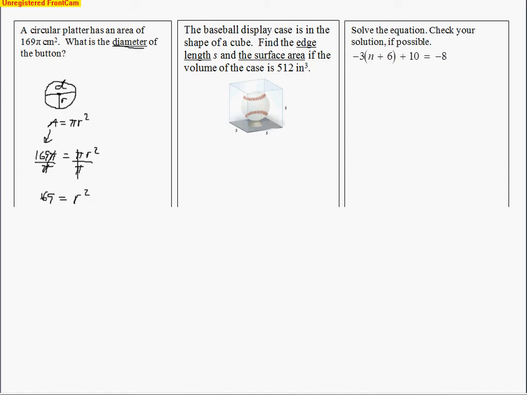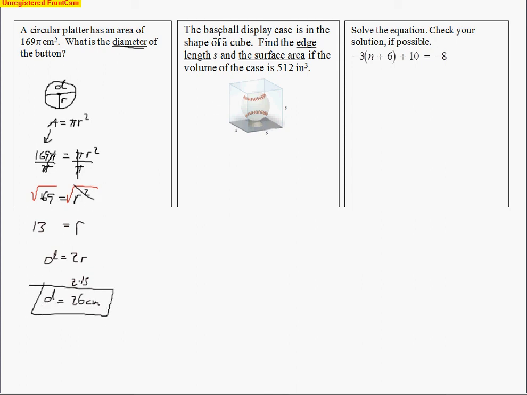Well, to solve this, I need to take the square root. Taking the square root of both sides will eliminate the radical sign and the squared symbol, and I'm just left with r. And the square root of 169 is 13. So we have a radius of 13. To find the diameter, I'd have to double the radius. So 2 times 13 gives me 26. So 26 centimeters is the diameter of the platter.